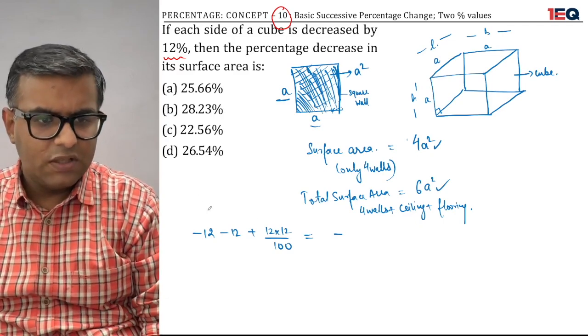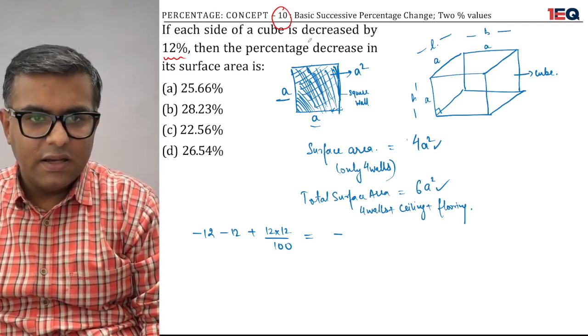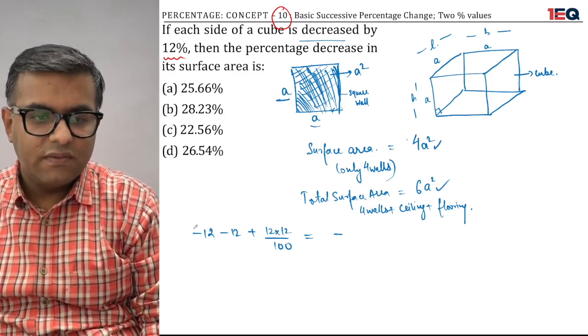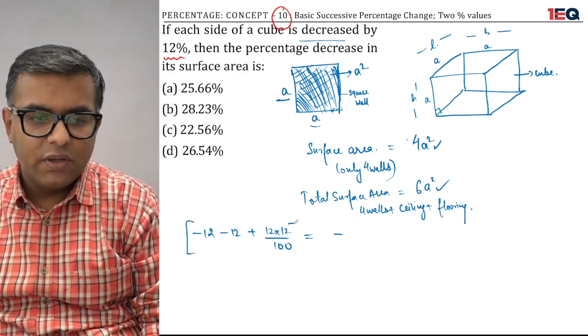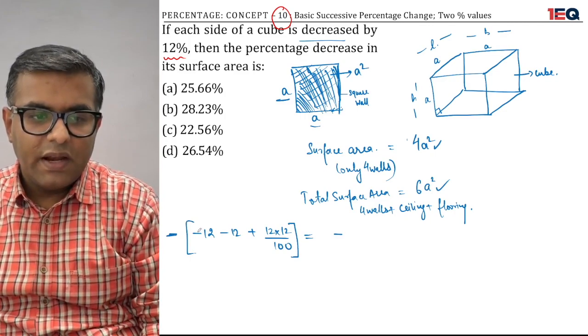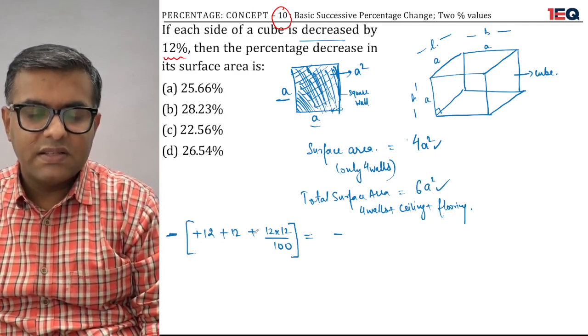No, there's a small thing. There's a decrease in the area. Okay, there is a decrease. What we can actually do here is, since there is a decrease twice, I can keep a minus outside and pretend that everything on the inside is getting added.